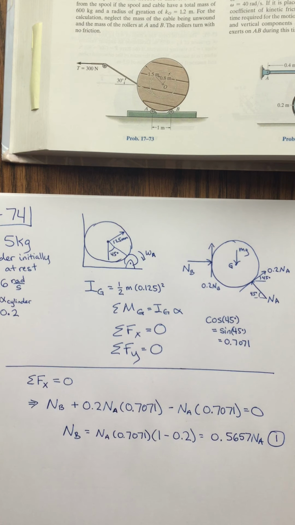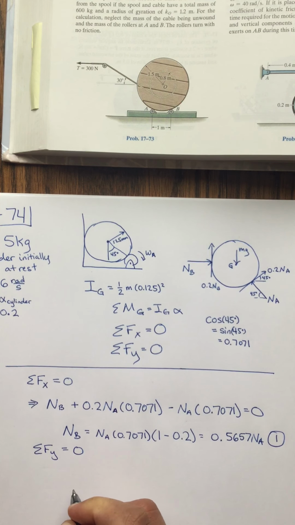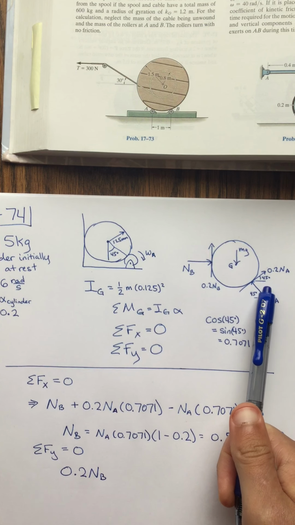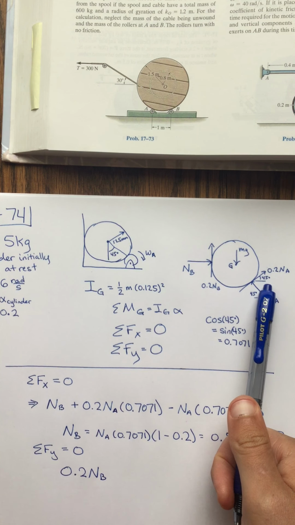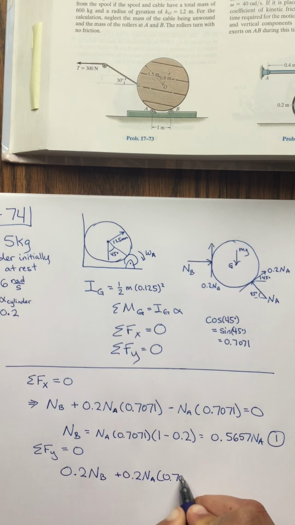Then I can look at the sum of the forces in the y direction, which is also equal to 0. In the y direction, I have my frictional force between the wall and the cylinder acting upwards. So that's 0.2 times NB. Then I have a component of the frictional force between the rotor and the cylinder, which is also acting upwards, so that is 0.2 NA and 0.7071 for the upward component.